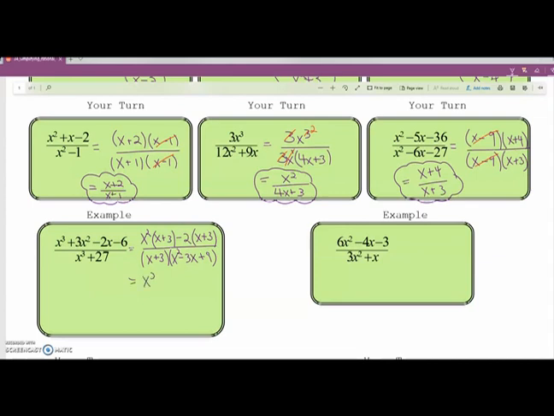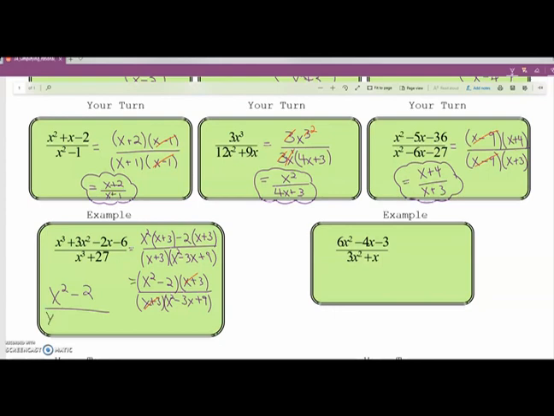Anyway, now I have to finish my factoring by grouping in the top. Cancel out the x plus 3 in the top and the bottom.